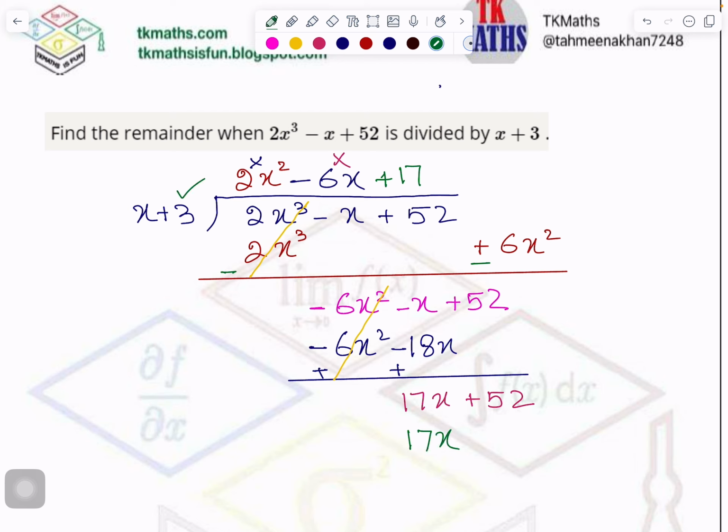Now 3 multiplied by 17 is what? 51. Now when I subtract, I will get the remainder plus 52 minus 51. I will get remainder 1.